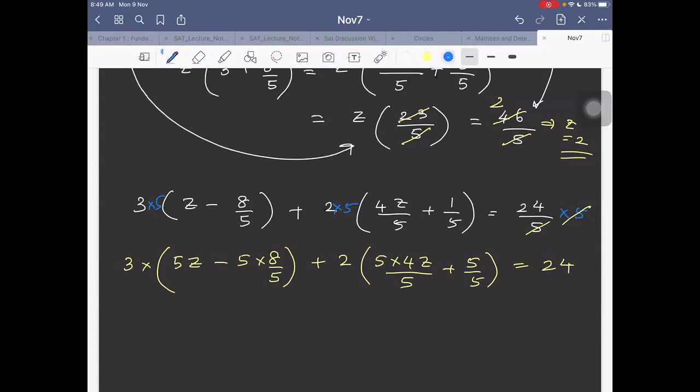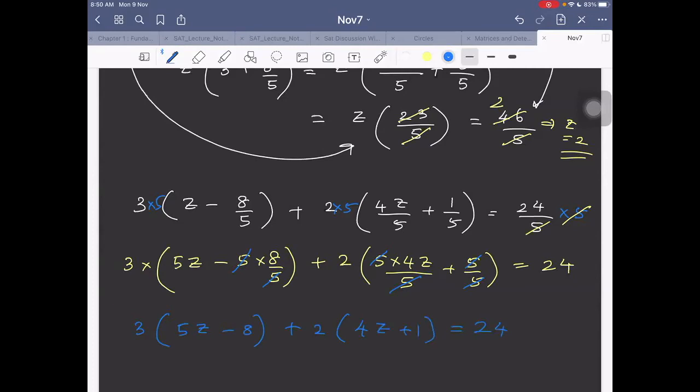Now, do you realize that these 5 and 5 go away? So what are you left with? You have 3 times (5z minus 8) plus 2 times (4z plus 1) is equal to 24.